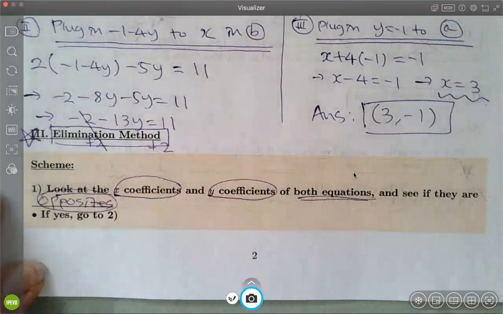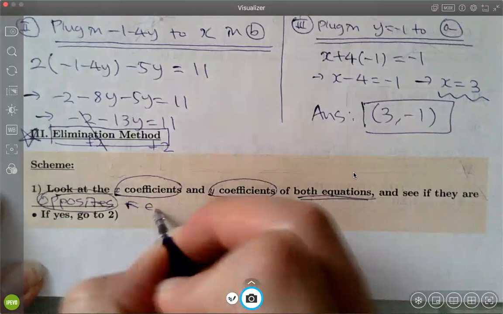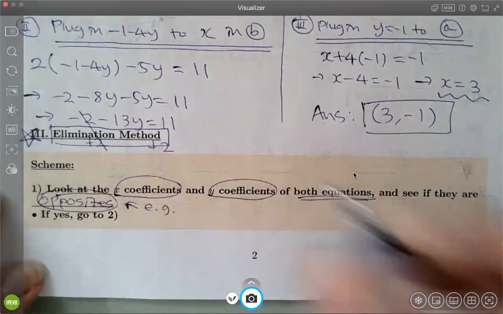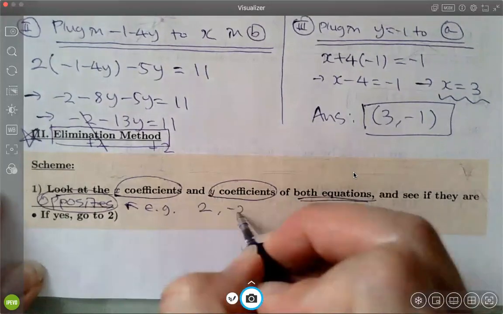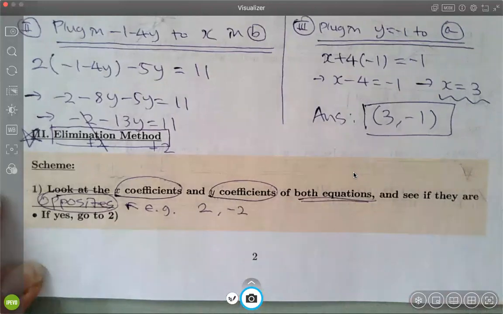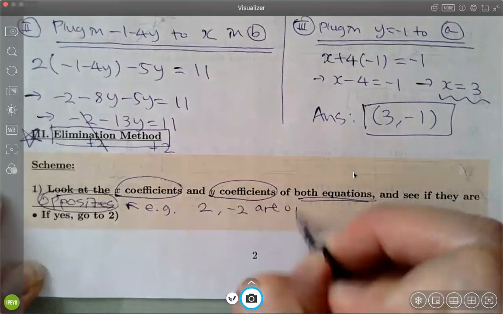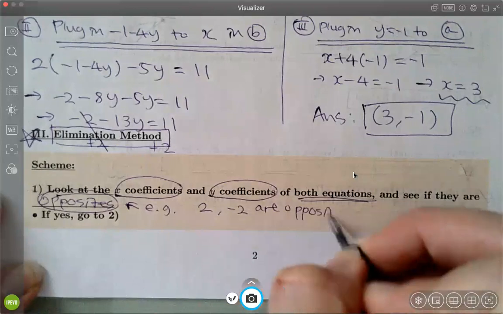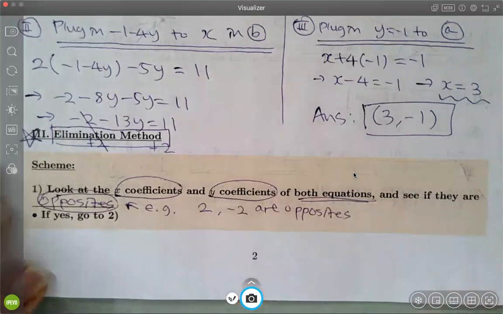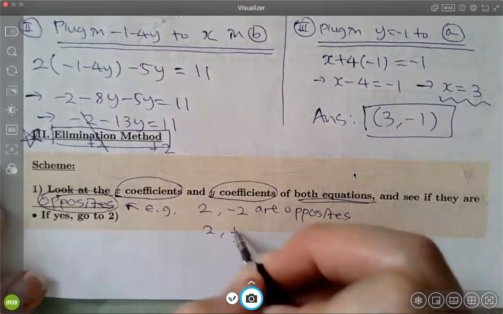Okay, now what does opposite mean? So for example, 2 and negative 2. They're opposites, right? Okay, so basically, remember, what does opposite represent? They have the same absolute value, but they only differ by a sign, right? Now 2 and 1/2, they're not opposites, right?